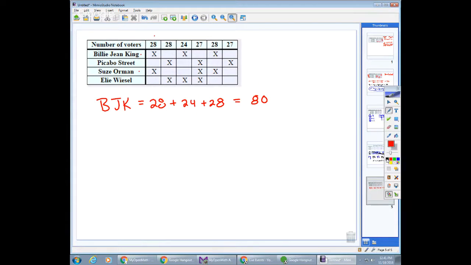Okay, so then we do another one. So let's see. Peekaboo Street, PS, will do. That got 28 votes and 27 votes and another 27 votes. So it looks like here we get 20, 40, 60, 75, and 7 is what, 82?